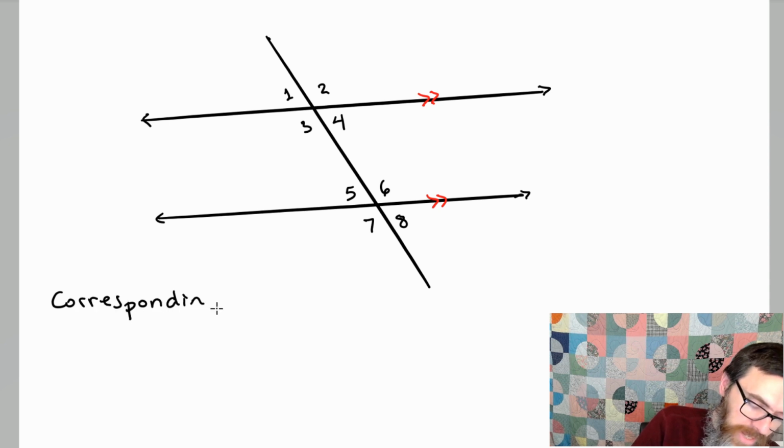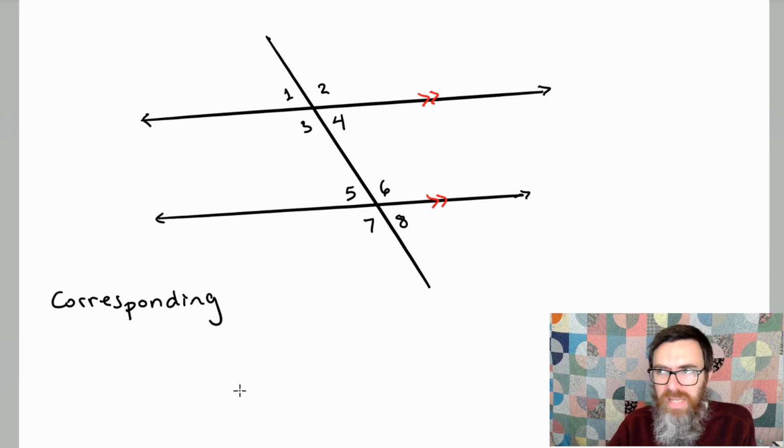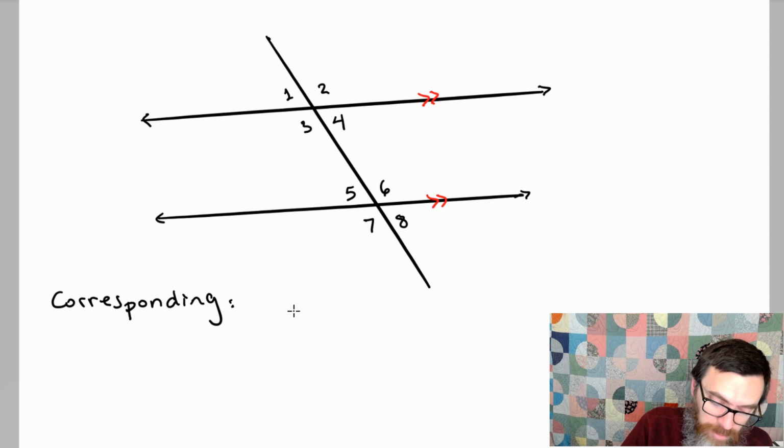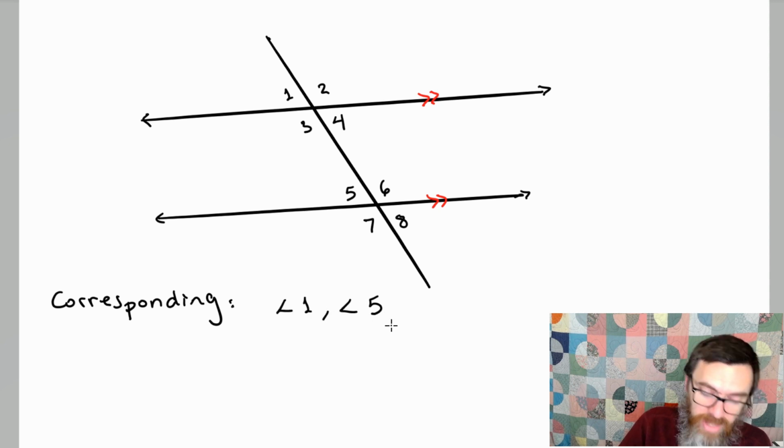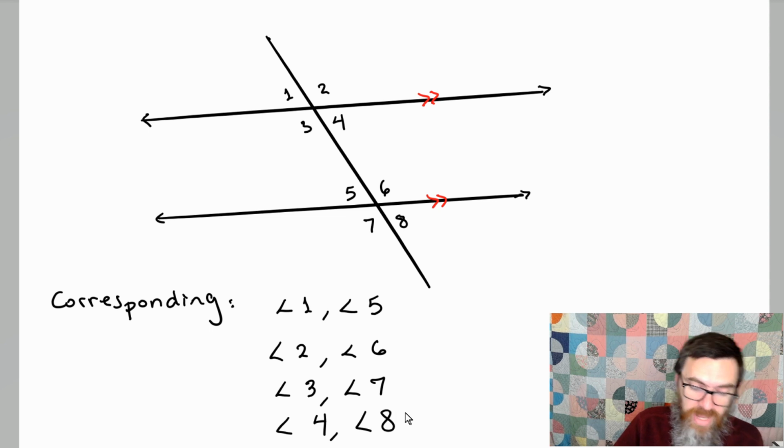So corresponding angles are just those guys that happen to be in the same position but on different corners. For example, angle 1 would correspond with angle 5. Angle 2 corresponds with angle 6, and so on. Angle 3 corresponds with angle 7, and angle 4 corresponds with angle 8.